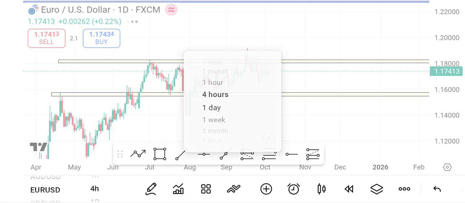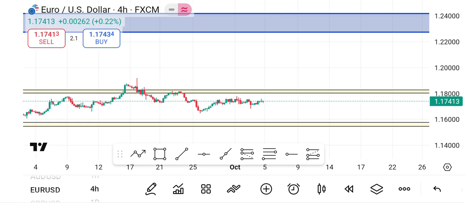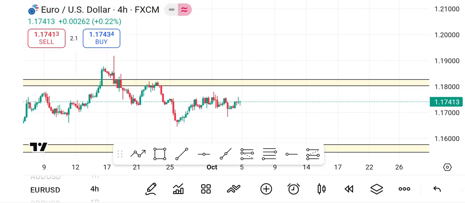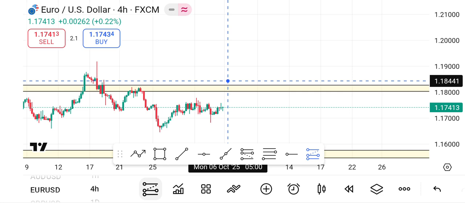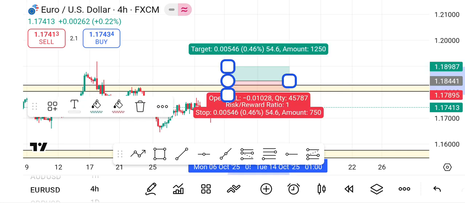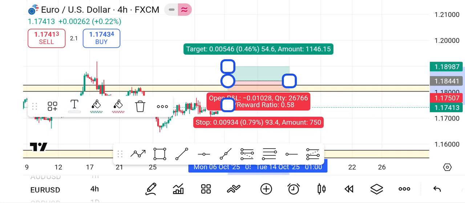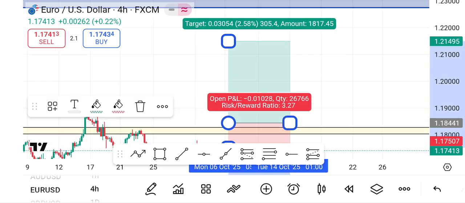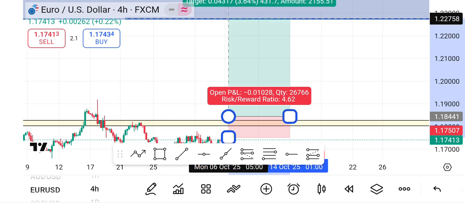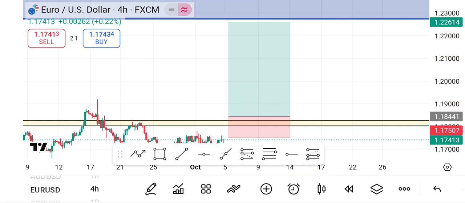On the 4 hour, I'll come over here. What will I do? This will be my position, something like this. You can see I have like a 4.47 to 1, which is pretty good for me.